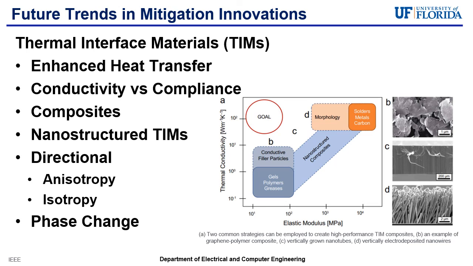The goal is to create TIMs that are highly conductive and compliant to fill in microscopic gaps for better heat conduction. The figures shown on the right show examples of high-performance TIMs, including a graphene polymer composite, vertically grown nanotubes, and vertically electrodeposited nanowires, representing cutting-edge materials designed to meet these thermal challenges and their criteria.